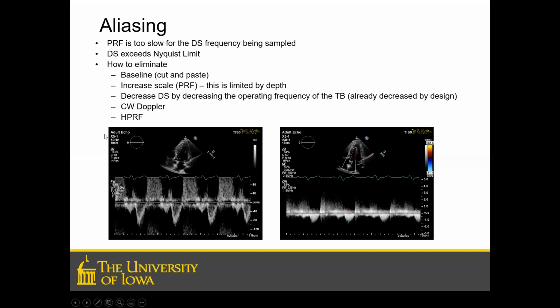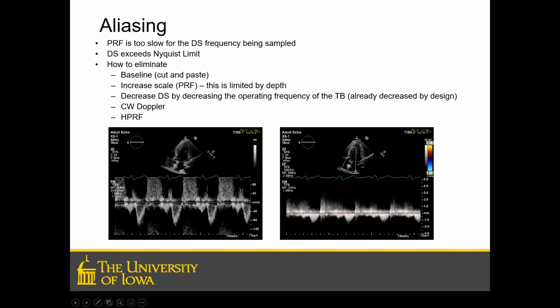So even though this is a 5 to 1 megahertz 2D imaging, the pulsed wave Doppler is 1.6 megahertz. So it has a little bit lower frequency for that. The color Doppler frequency is 2.5, so it's a little bit higher.